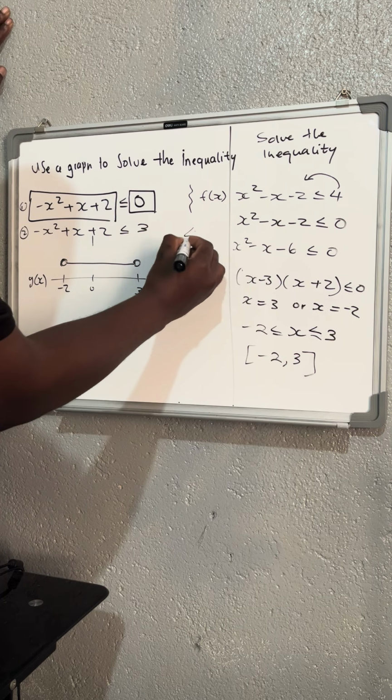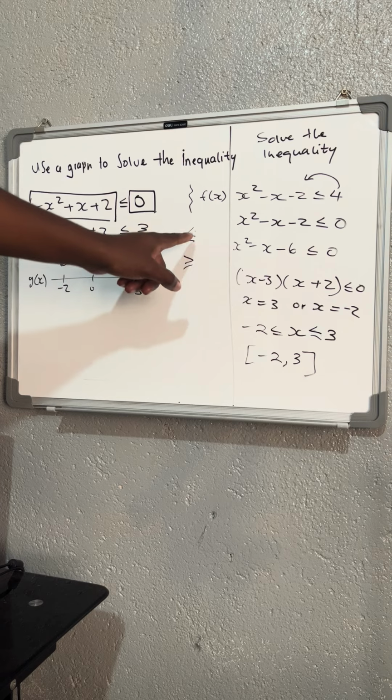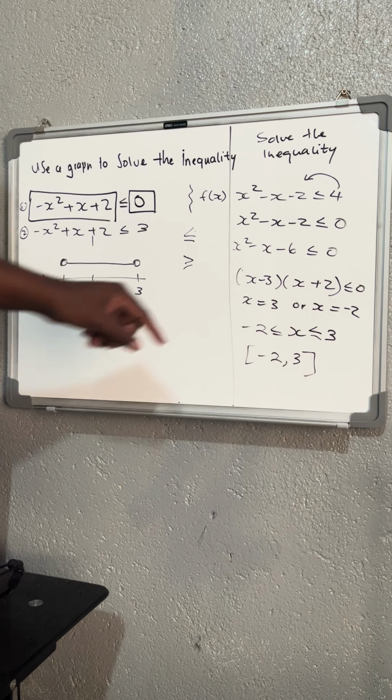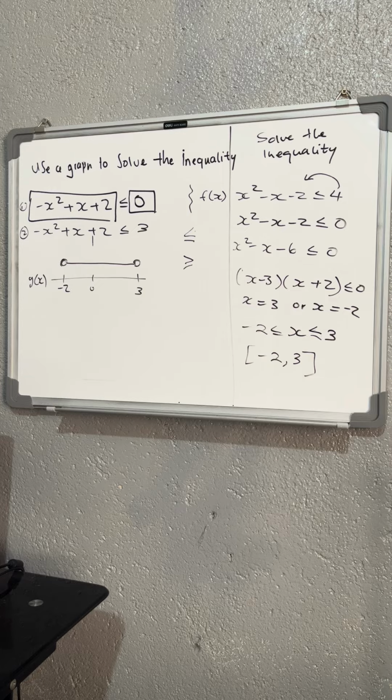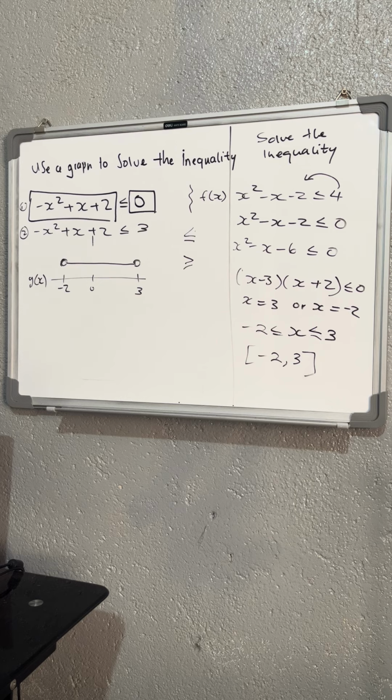If you're having a restriction that is like this or like that, a less than or equal to sign or a greater than or equal to sign, that's only when you are shading. It basically means you are including everything starting from -2 up to 3 and also including 3.